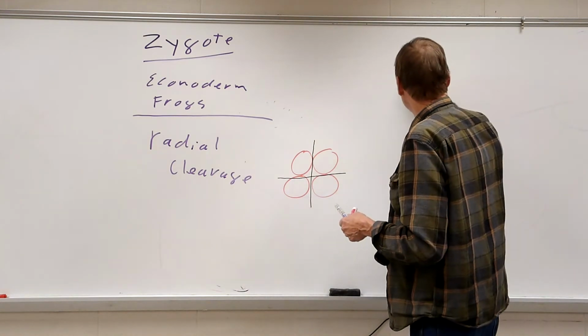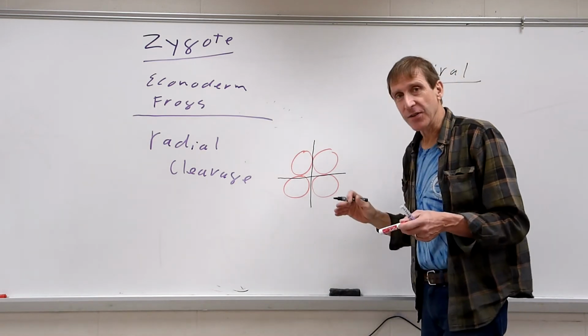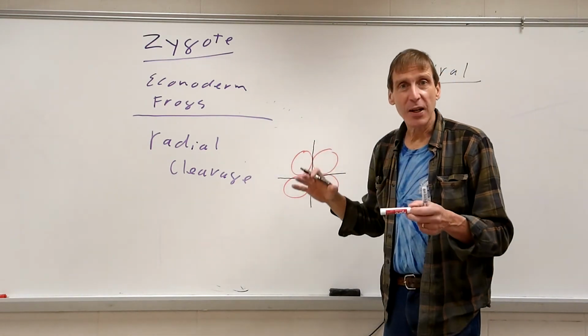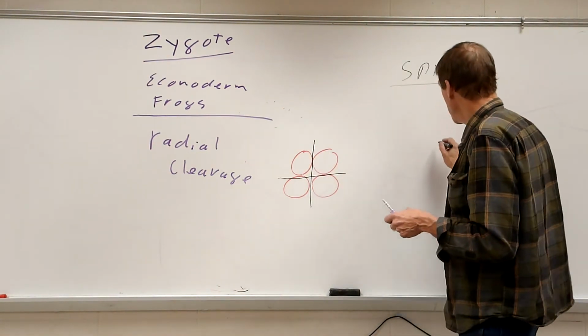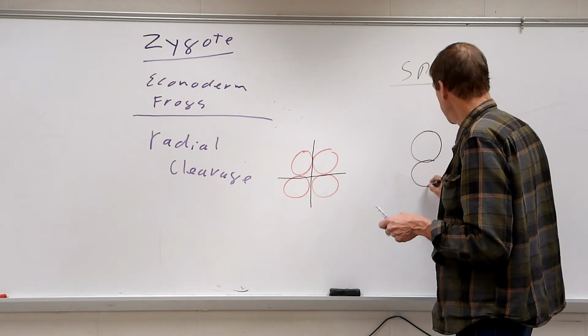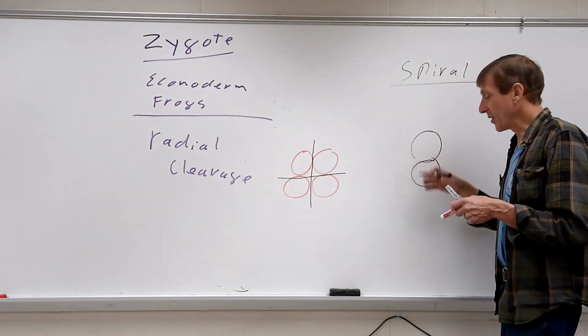It's called spiral cleavage. In spiral cleavage, the cleavage furrows do not rotate a full 90 degrees. So you might have a cell that divides in half, so that's one. But then the cleavage furrow won't go a full 90 degrees.